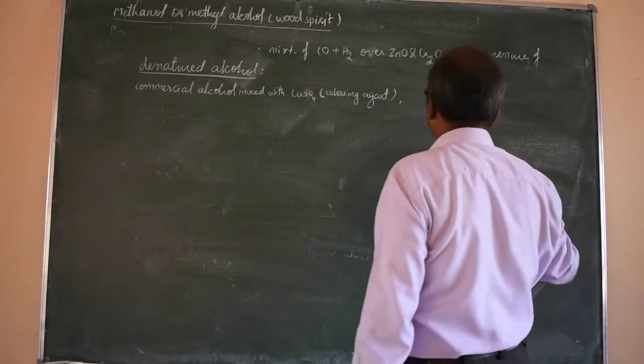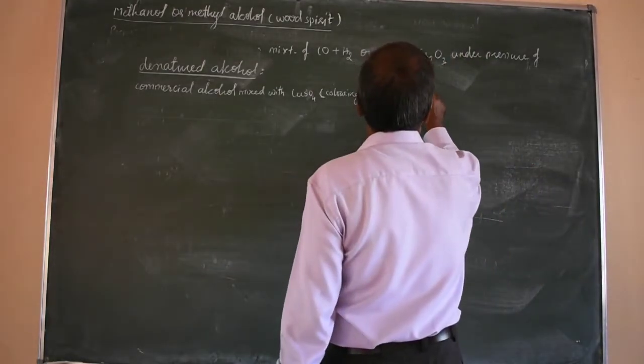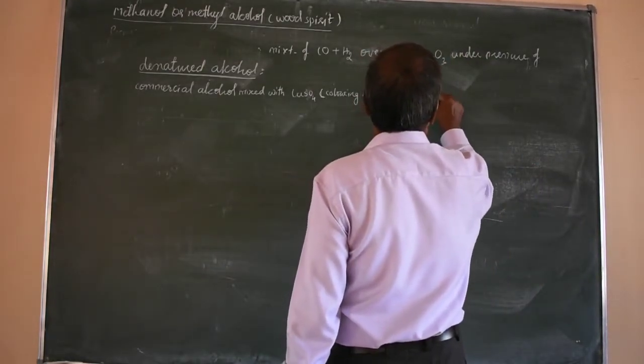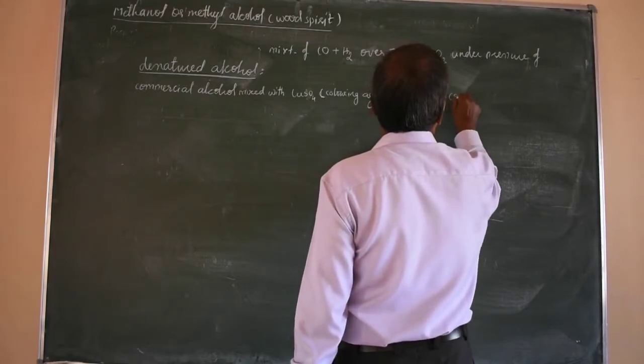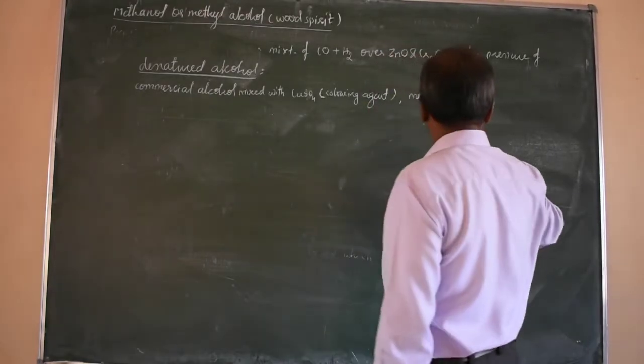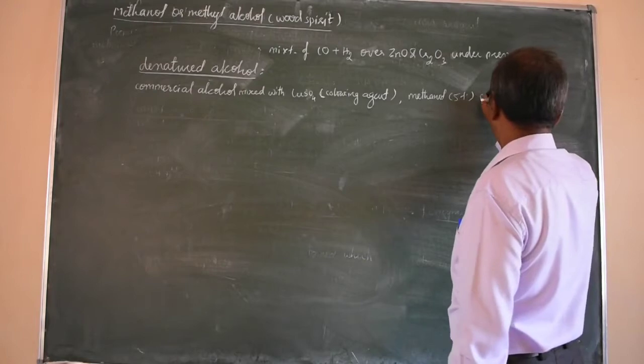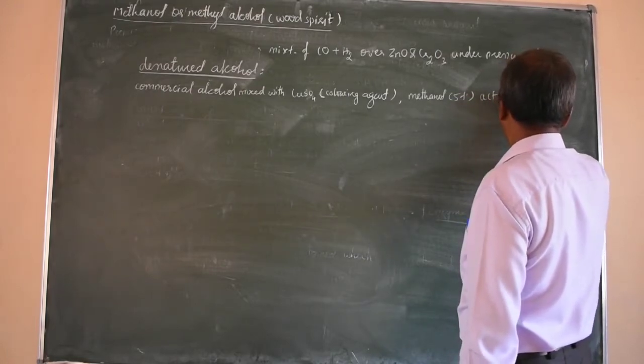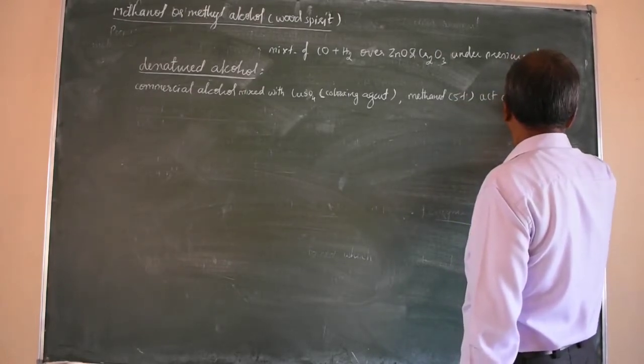Then methanol, only about 5%, acts as a poison, as we know methanol is poison.